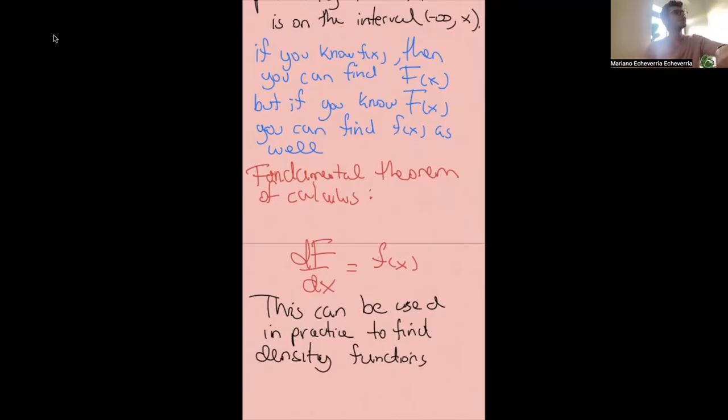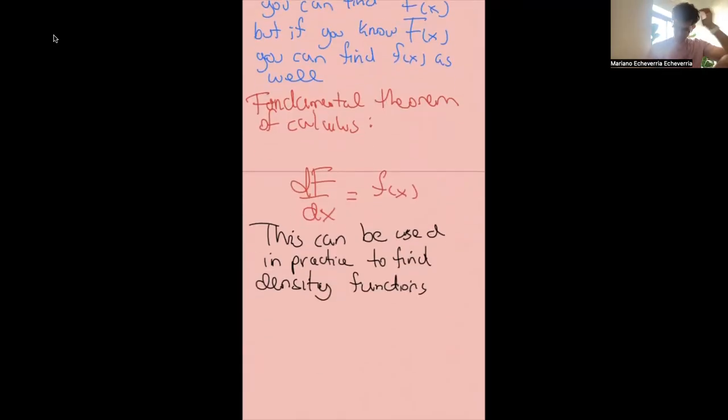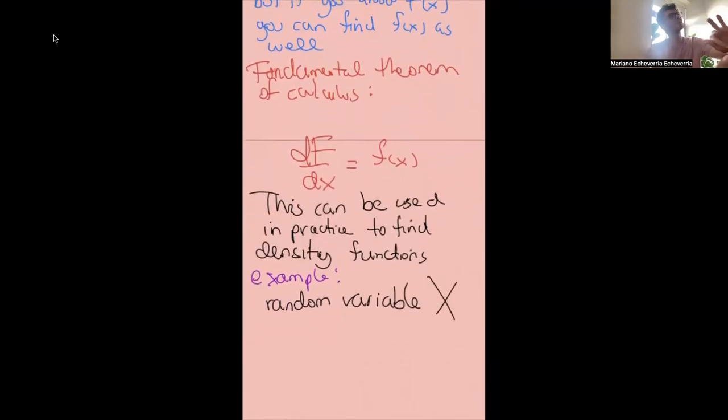So for example, let's start with something easy. Let's say you have a random variable x. We did this one before, right? Once you have the random variable x, you can define a translate, well, not a translate, a dilation plus translation, or rescaling.